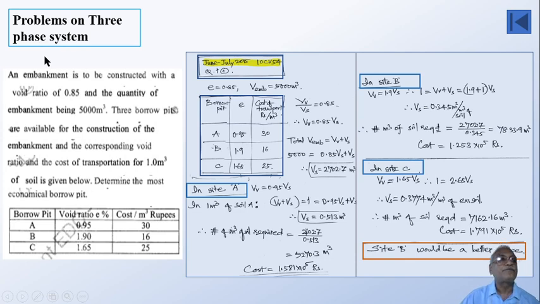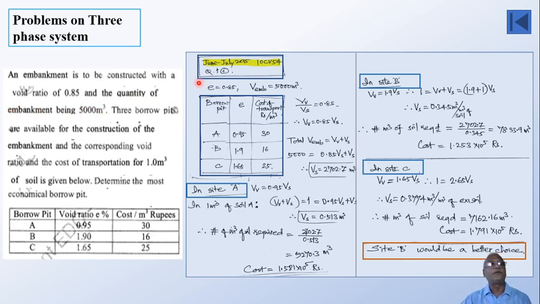In this problem, they have said an embankment is to be constructed with a voids ratio of 0.85. So the embankment should have a voids ratio of 0.85 and the quantity of embankment is 5000 meter cube.